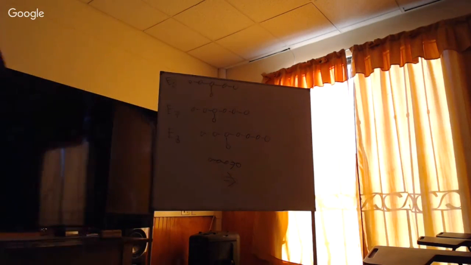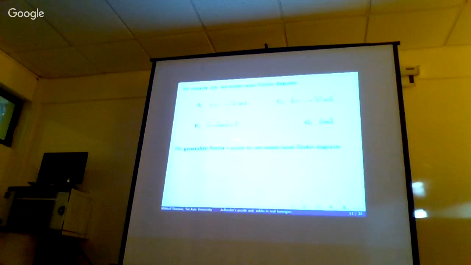Okay, and there are also two exceptional diagrams, F4 and G2. And since I want to use it for a certain problem, I'll say later about the problem, we generalize the Leader's puzzle to non-simply laced Dynkin diagrams.